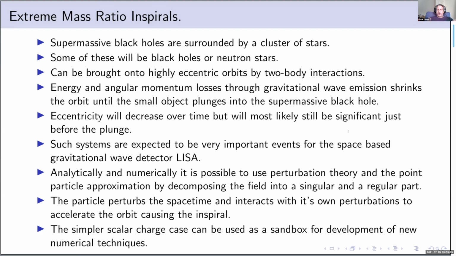So the particle perturbs the space-time, and the perturbation propagates on the curved space-time and gets backscattered off the curvature or goes around the black hole, and eventually comes back and interacts with the particle itself to cause the inspiral of the orbit.